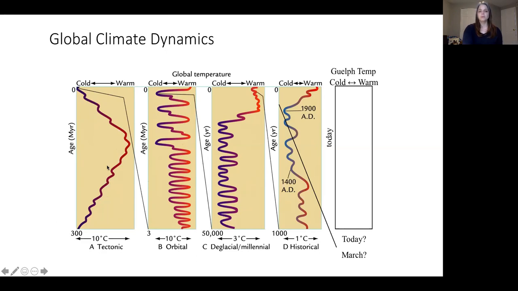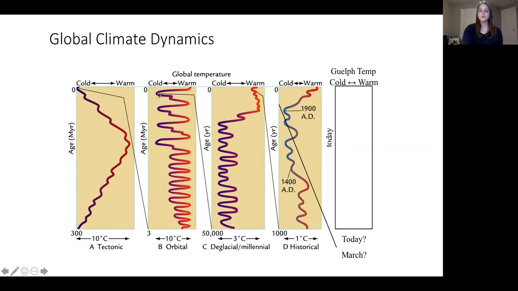We go much warmer to much cooler, on the range of 5 to 8 degrees Celsius change, where the other is a change of 10 degrees. We have back and forth in the last 2 million years, and then in the last 1 million years, a bigger seesaw or zigzag pattern coming all the way back.